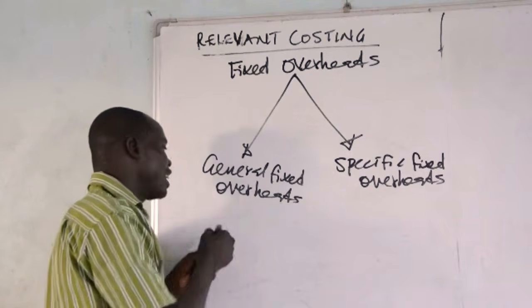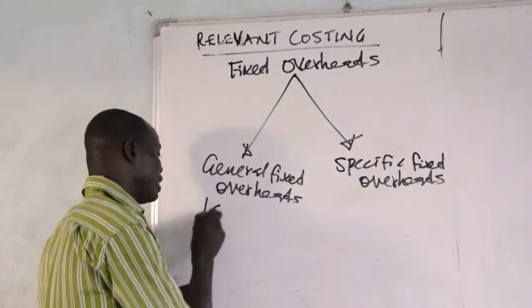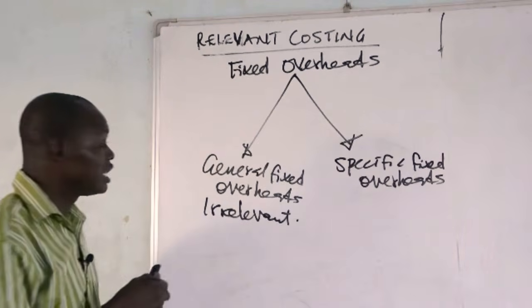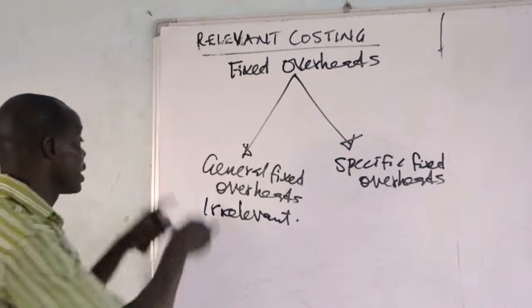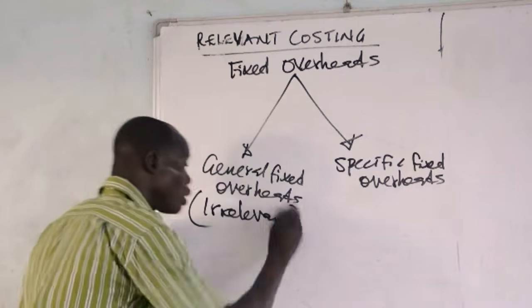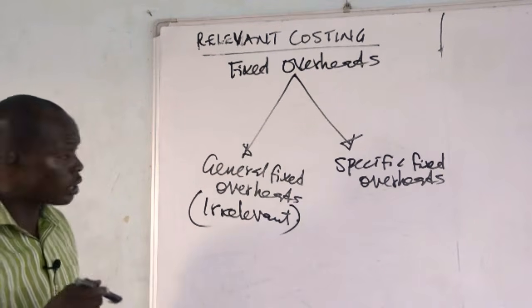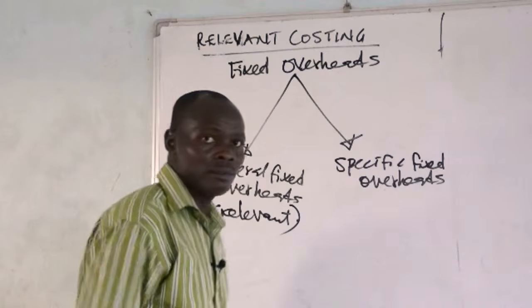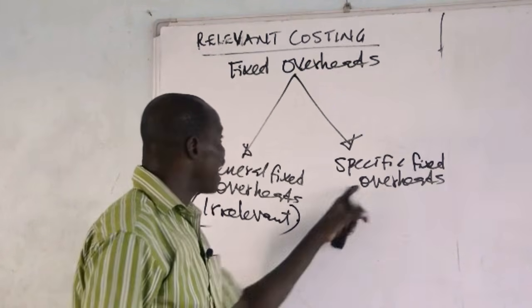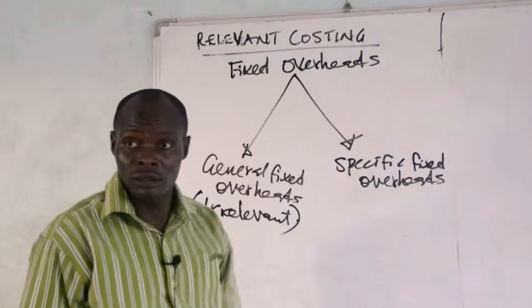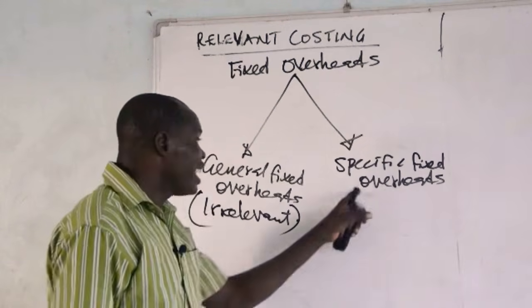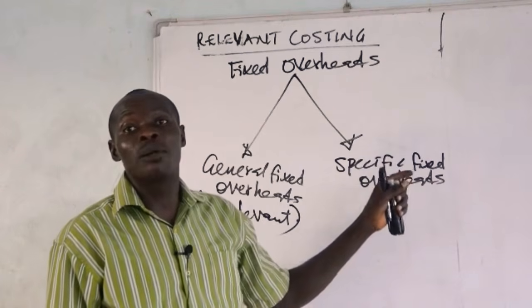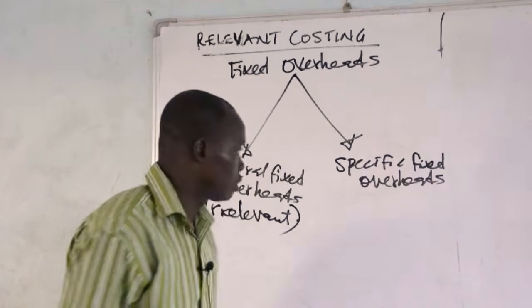So general fixed overheads are irrelevant. Anytime you see general fixed overhead, the fixed overhead that will be incurred whether the projects are launched or not, that one is not relevant. Then we have specific fixed overheads. They are specifically incurred because of the project. Meaning that these fixed costs were incurred as a result of the project you want to carry out.